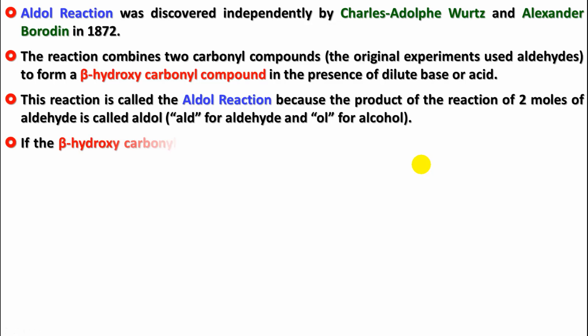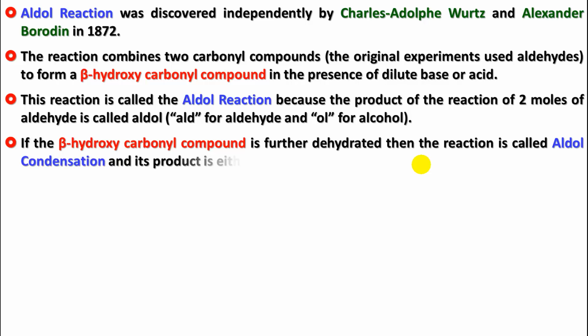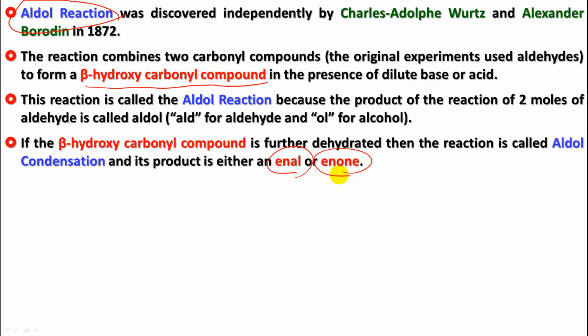So if the beta hydroxy carbonyl compound is further dehydrated, we get what is known as an aldol condensation. That means the formation of beta hydroxy carbonyl compound is called aldol reaction, and the formation of the enone, which is the alpha beta unsaturated aldehyde or ketone, is called aldol condensation.